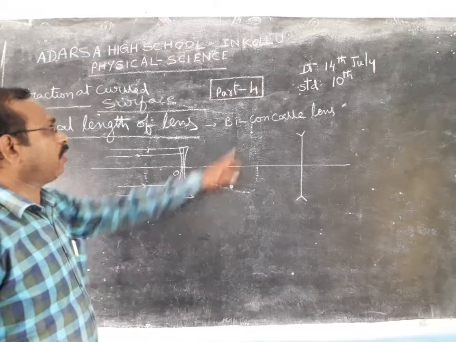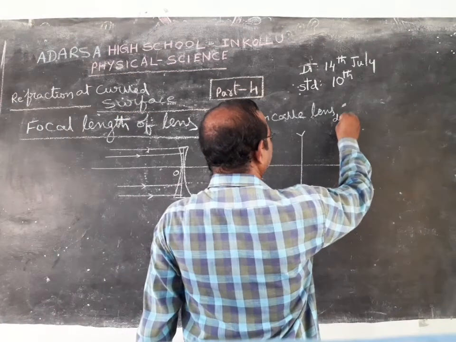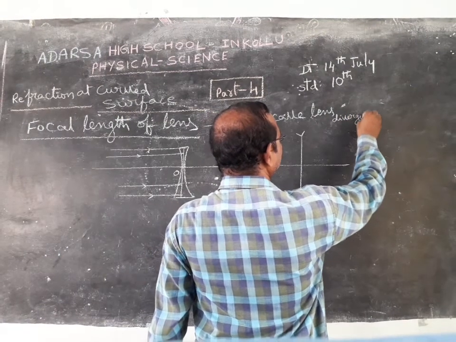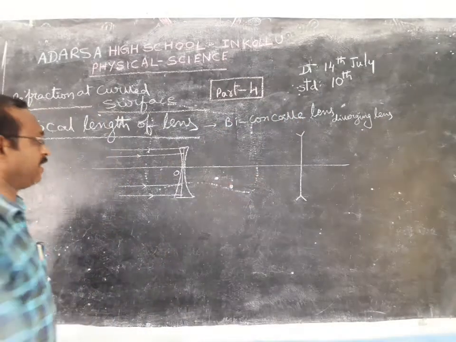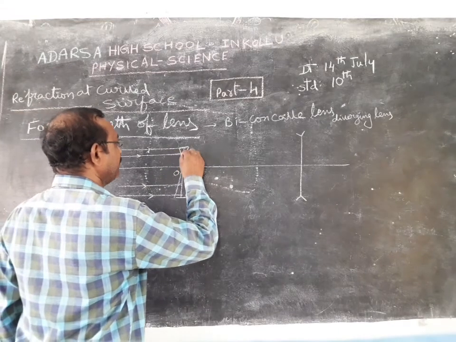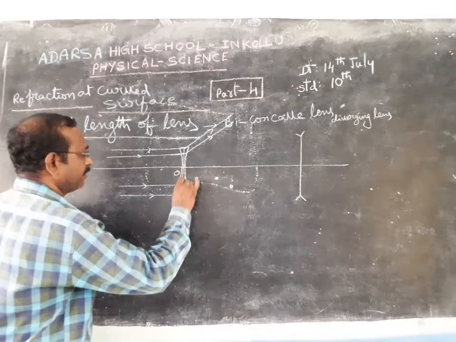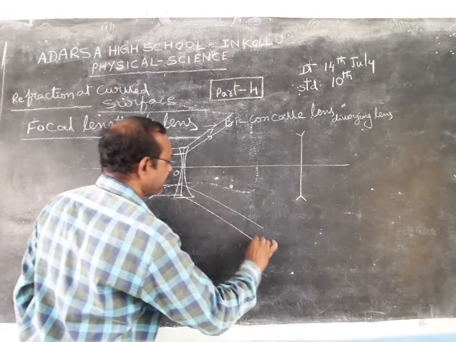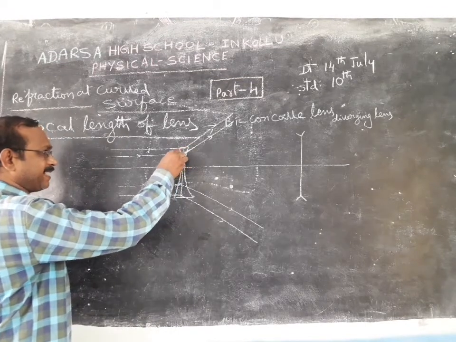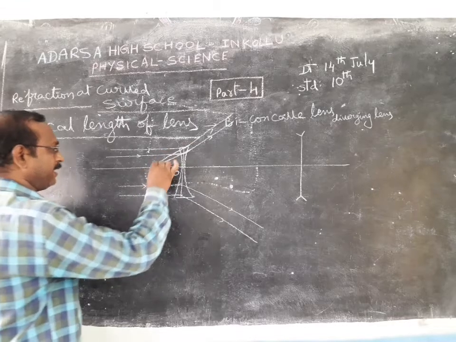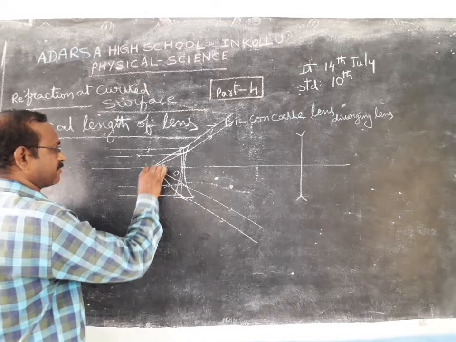Biconcave lens is also known as the diverging lens. What is the meaning of diverging lens? After refraction, the rays will diverge like this. When you extend them backward, they meet at one point on the principal axis.